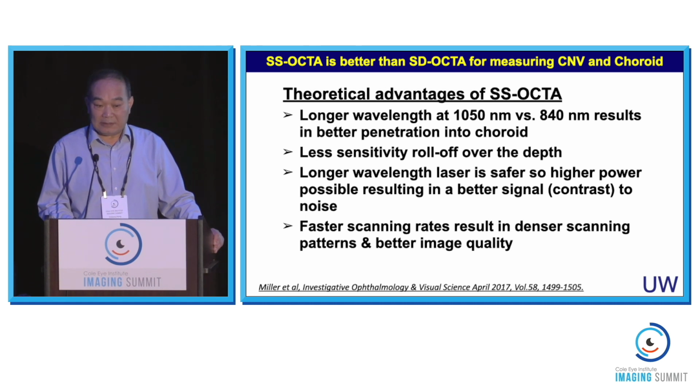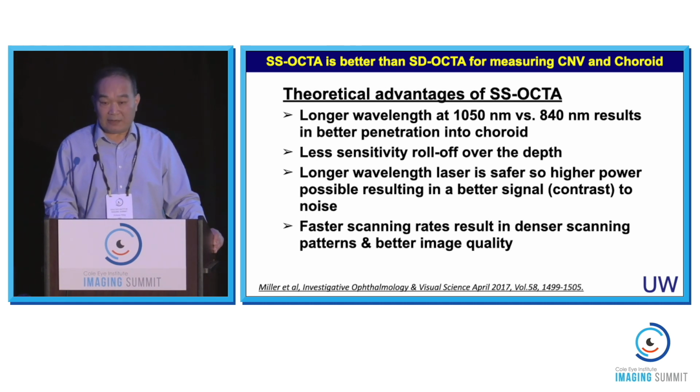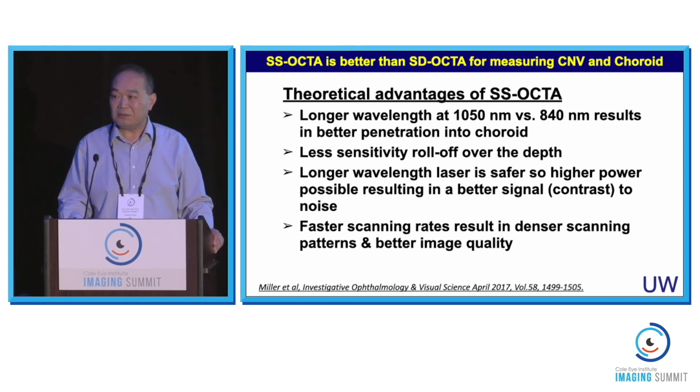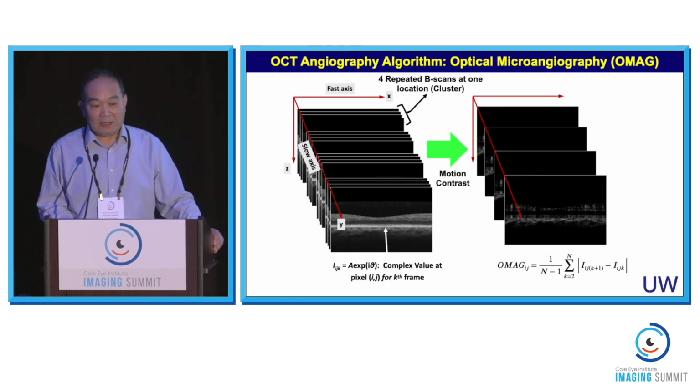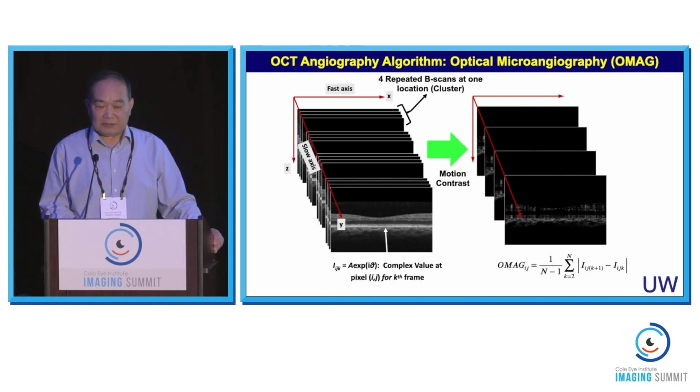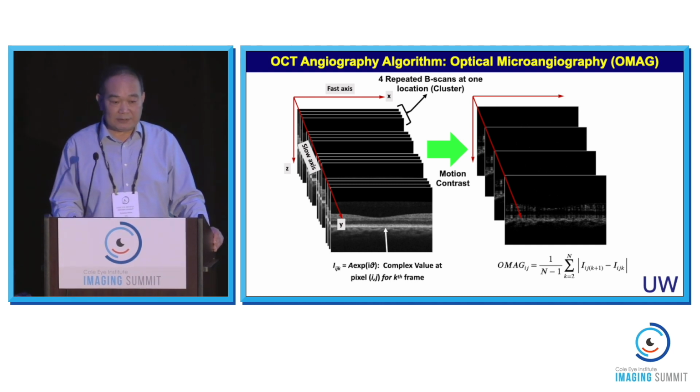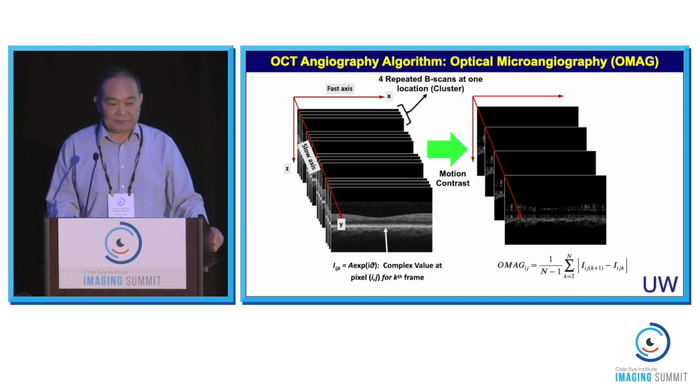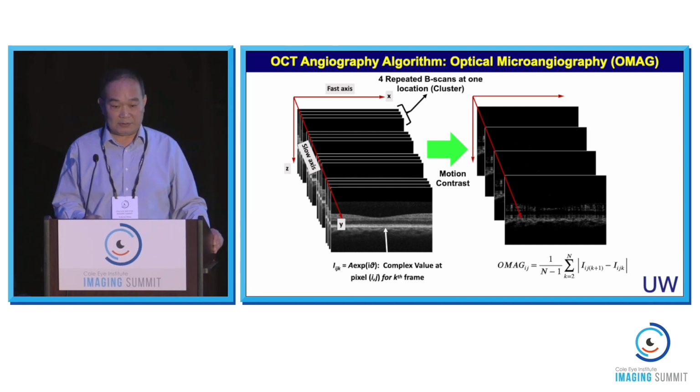And also the more power you have will afford you faster imaging speed. So all these advantages compared to spectral domain OCT will give you better image quality in imaging of the retina, which is of course important for quantification rather than just visualization of the OCT images.